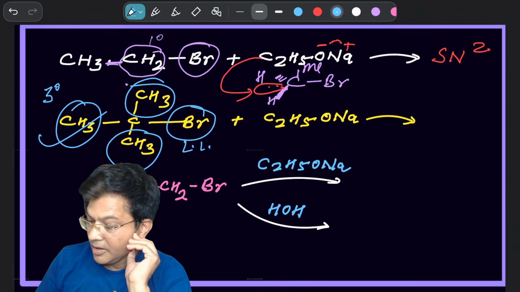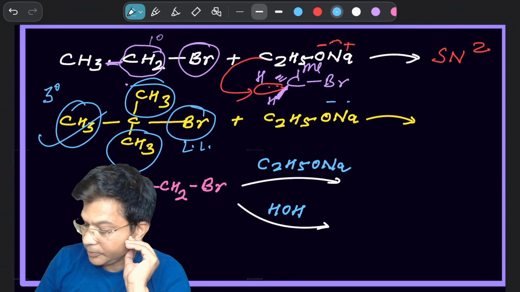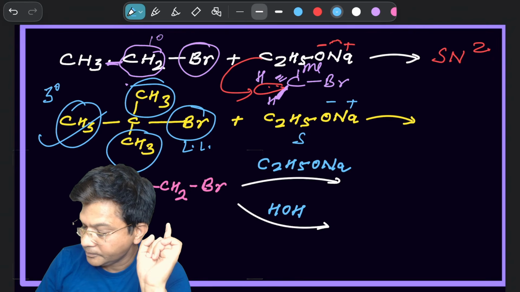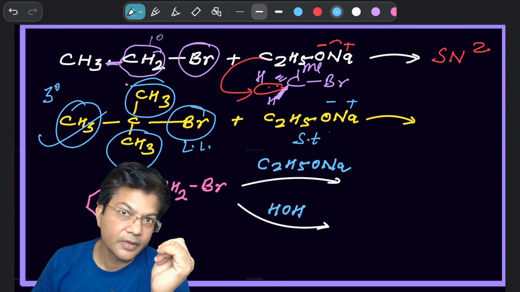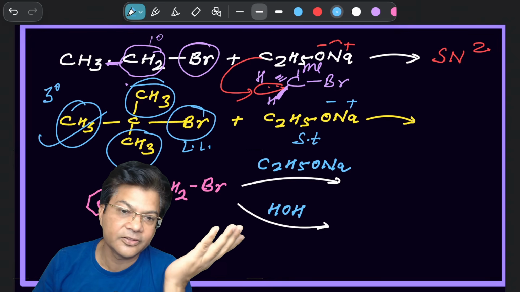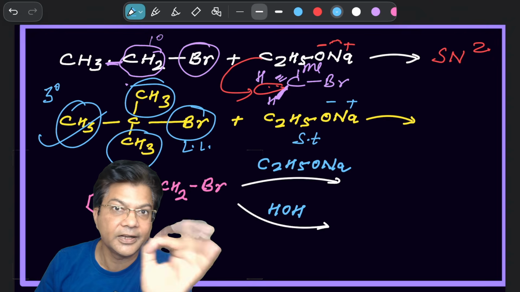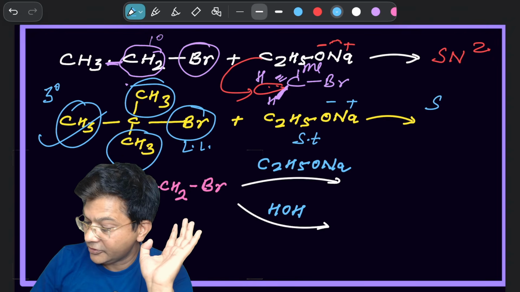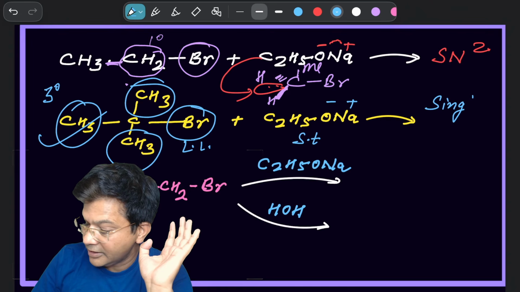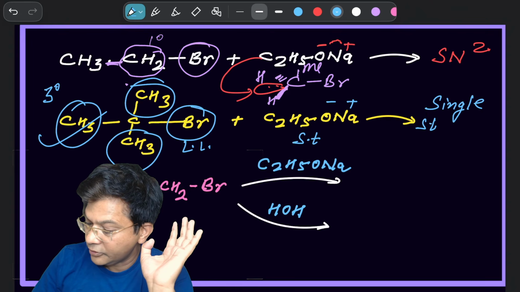Now what to do? But see here, it is negative, it is positive, it is strong. It is strong, either a nucleophile or a base. Nucleophile it cannot be, because backside space is not there. So definitely it will do something in a single step. Definitely it is a single step reaction, but the single step reaction SN2 is not possible.